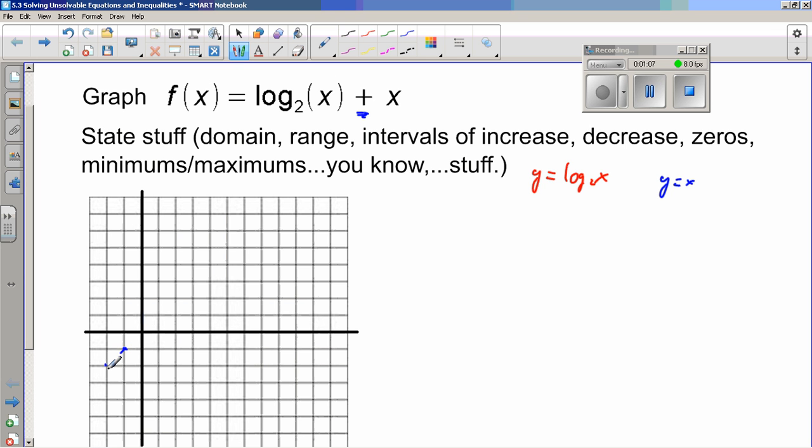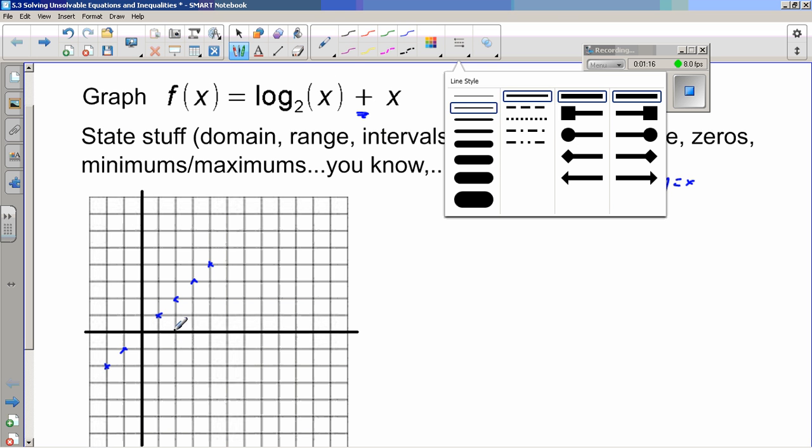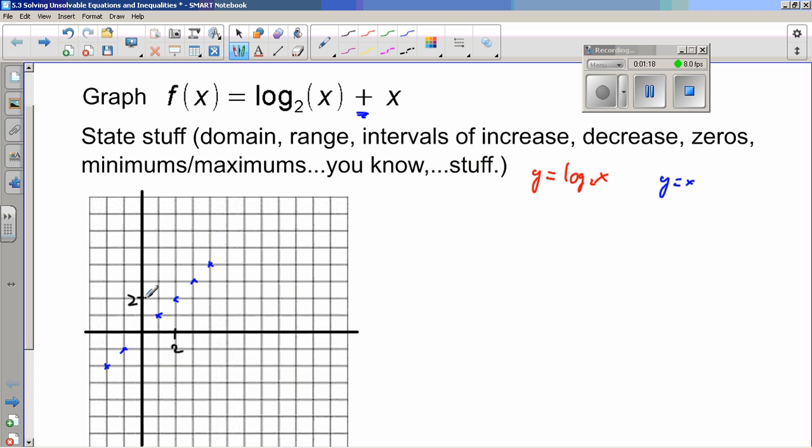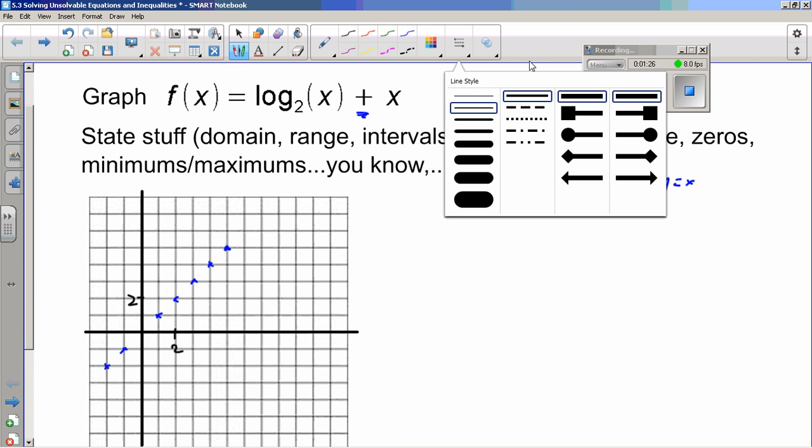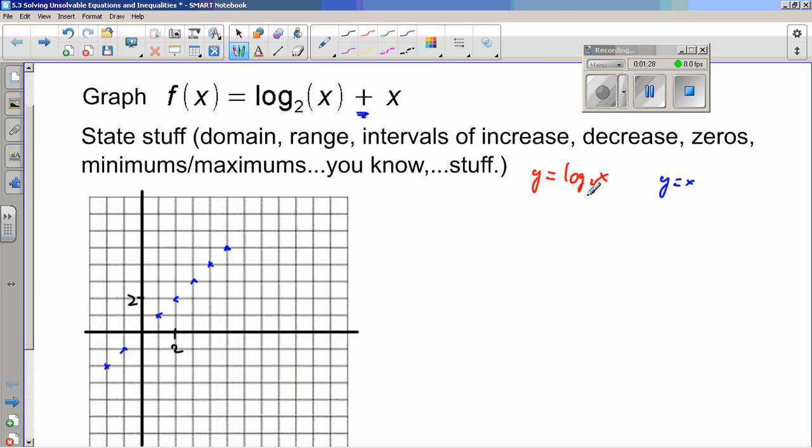So y equals x is a line, right up the middle. There's the line y equals x. Log base 2 of x, remember, has a 0 right there, and then 2, 1.